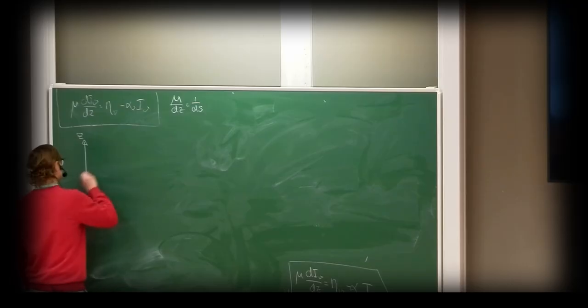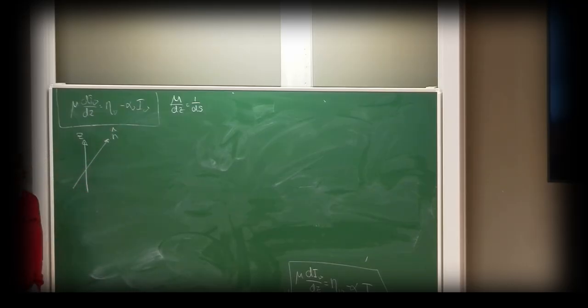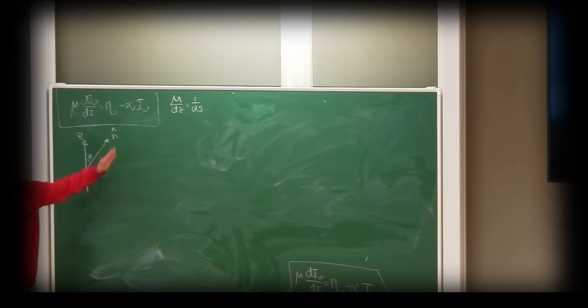Now, if you look at the rays here, this is some sort of n hat, yeah? And this is our theta angle, okay? And then it's traveling through the media there in the direction specified by n hat, mu here.